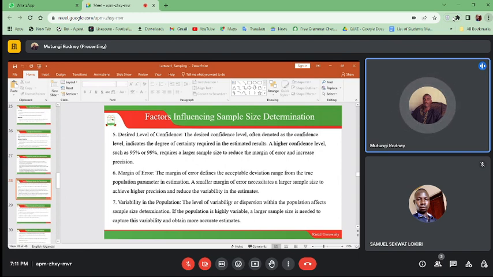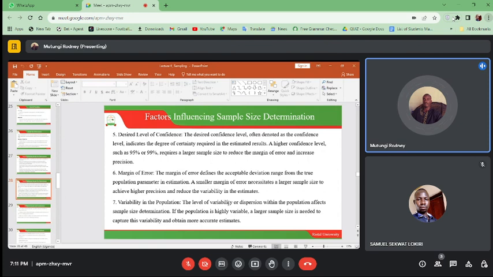Then desired confidence level is also a very important factor. In medical studies or researches, the confidence level is always like at 99%, while in other social science or community level researches it can be at 95%.